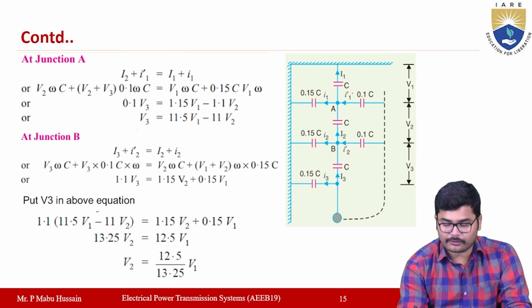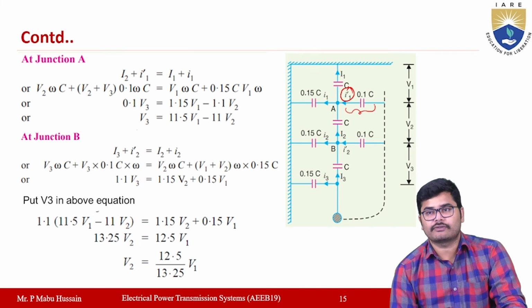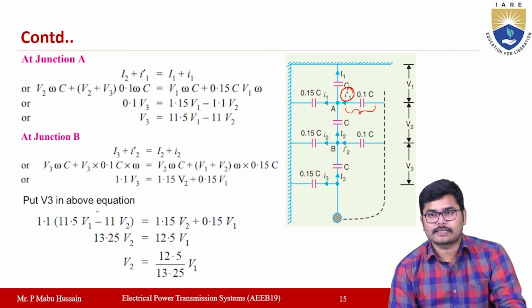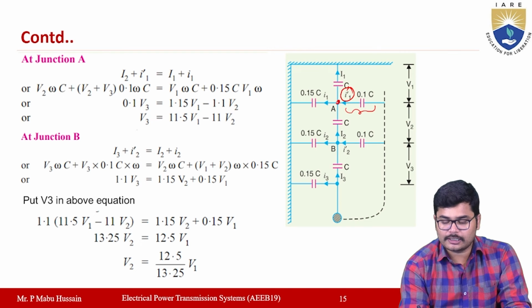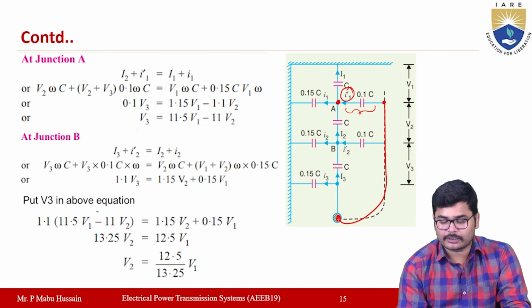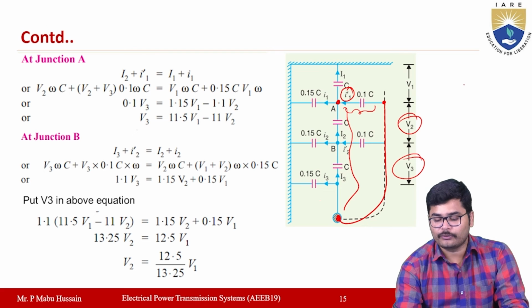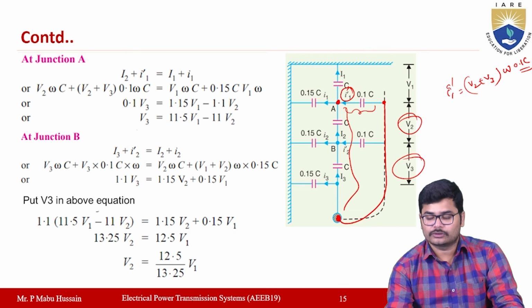This is the current flowing through the capacitance of value 0.1 C, and this point is the same as the line. So the voltage across these two points is the sum V2 plus V3. So I1 dash is equal to V2 plus V3, multiplied by omega into 0.1 C.